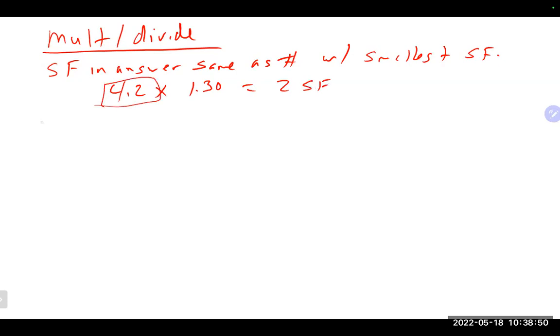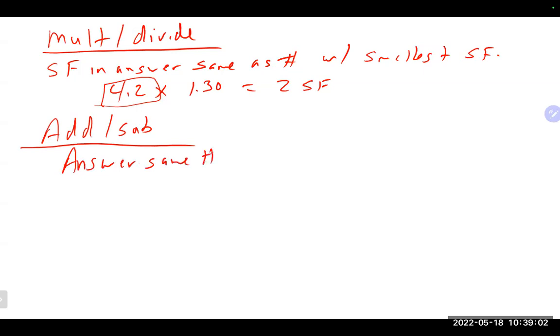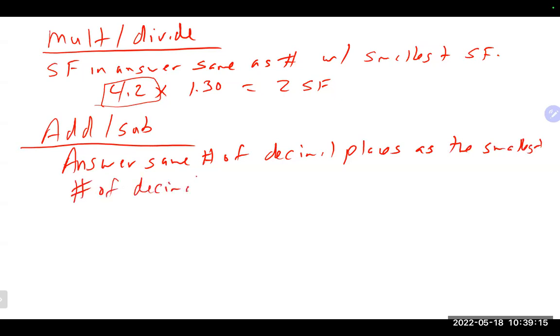Remember, though, that when we add and subtract, it is a little bit different. We're looking at decimal places. The answer should have the same number of decimal places as the number with the smallest number of decimal places.